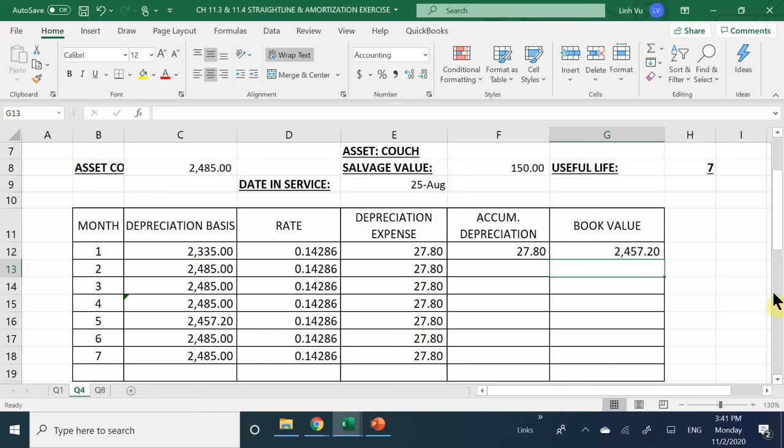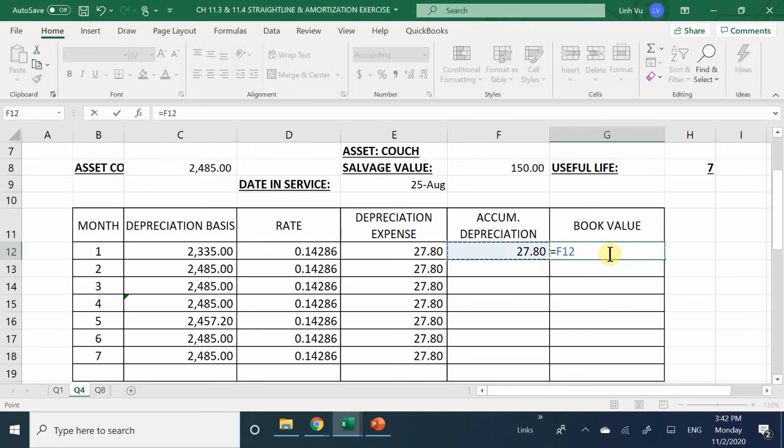Oh, that's not what I said. You added, I think. I got $2,307.20. Yeah, that's what I got. $2,307.20.